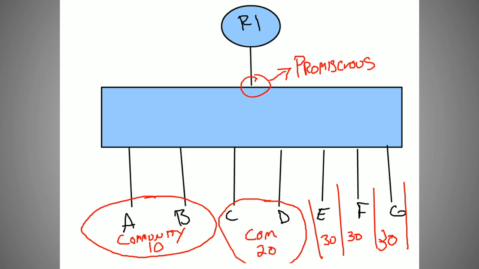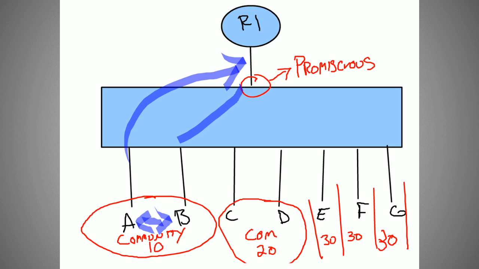So what this means, first off, is that everyone will be able to talk to the router. Everyone is always going to be able to talk to the promiscuous port. Devices in community 10, so A and B, they will be able to talk to each other, plus to the router. C and D will be able to talk to each other, plus the router.